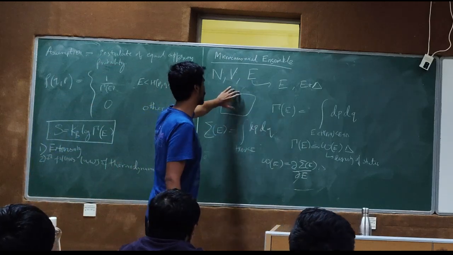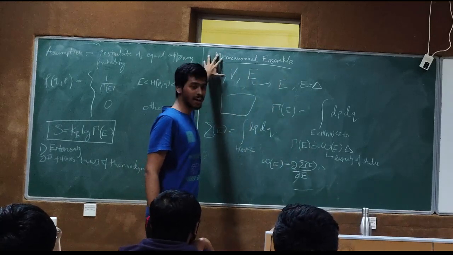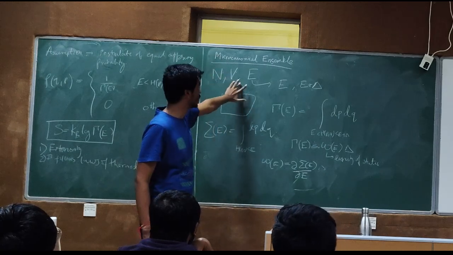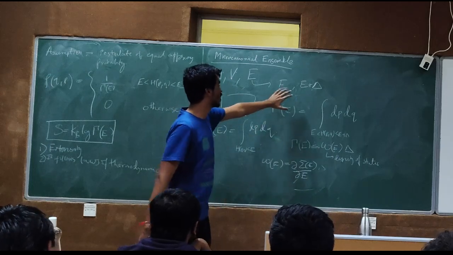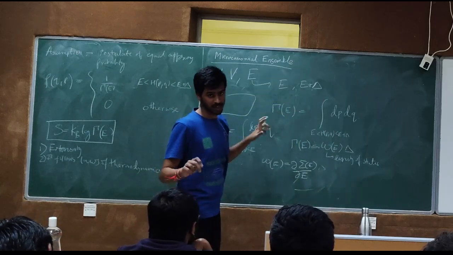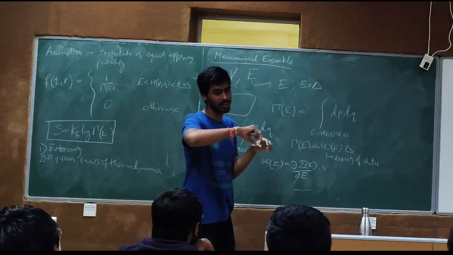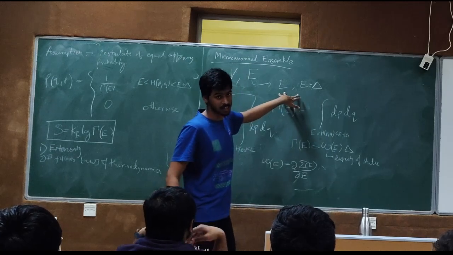Yeah. So do you understand this? That you define the microcanonical ensemble as something with constant number of particles, volume and energy. Now, in your phase space, you would have many states which are in this range.